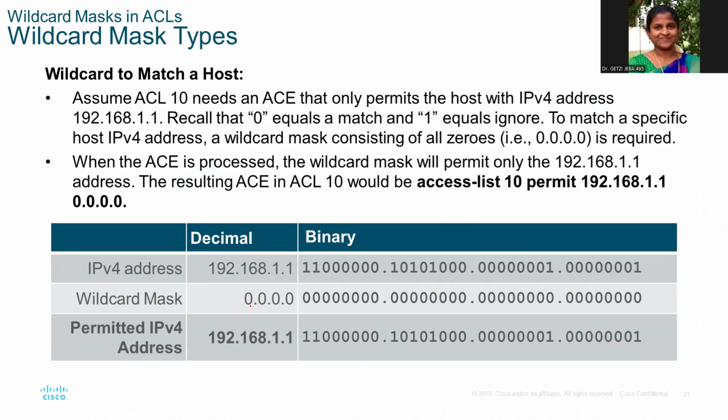Assume you have created an access control list saying 10 permit 192.168.1.1 0.0.0.0, which means this access control entry will permit only the IP address 192.168.1.1, because 0.0.0.0 means you match 192, 168, 1 and 1. All the octets have to be matched. If all of them are matched, then you permit it. That is the meaning of this example.